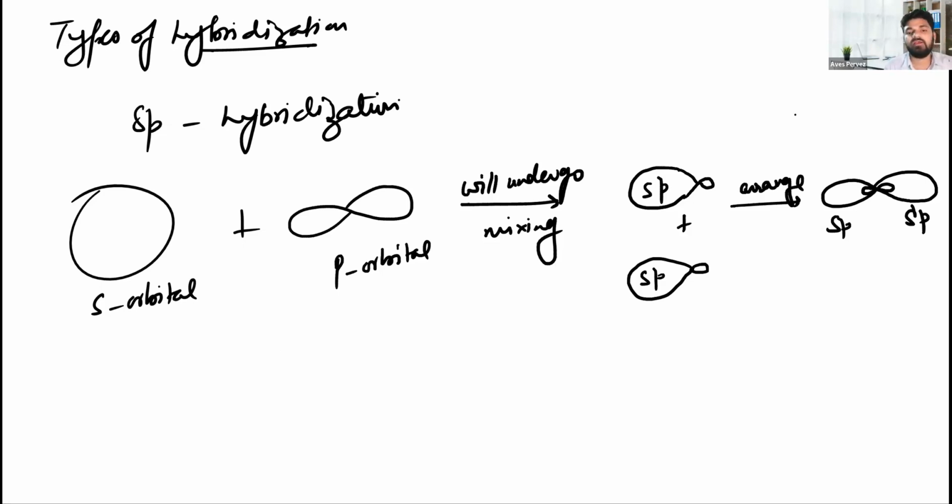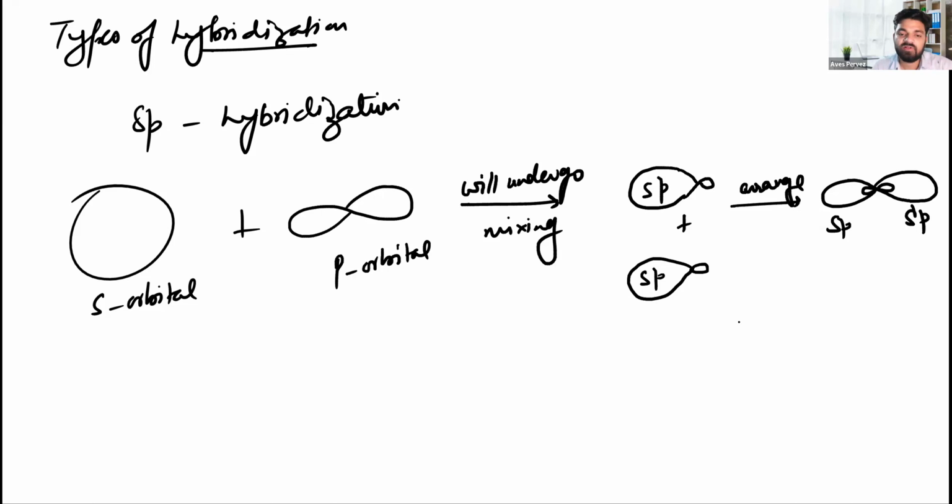So if we have one s and one p, a molecule is going to make a bond with this hybrid orbital, like this s orbital making a bond with this sp. Since the shape is linear, they will arrange themselves and the shape will be linear. So if the central atom has sp hybrid orbital, then the shape of the molecule will be linear.